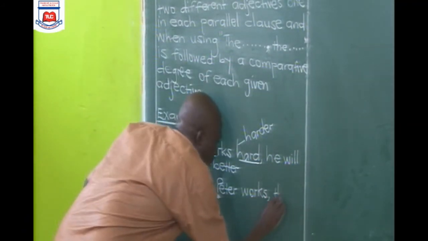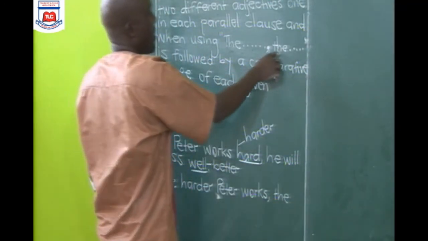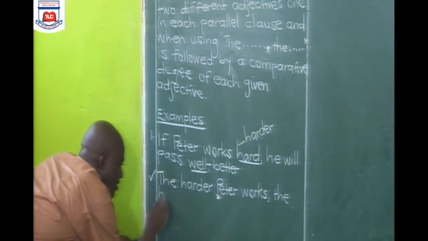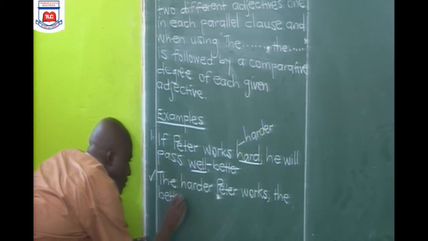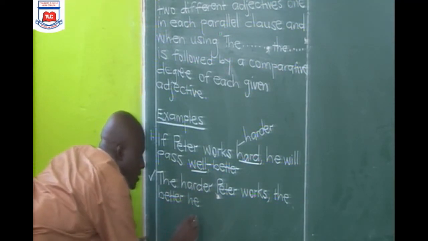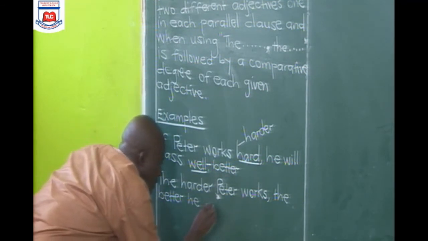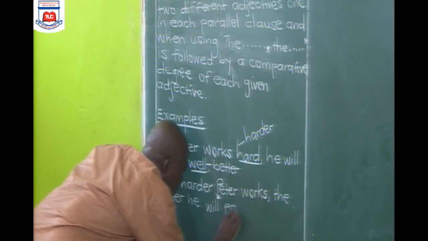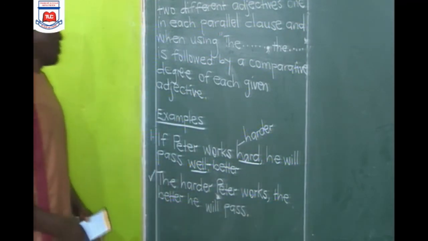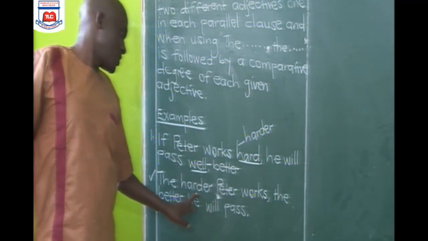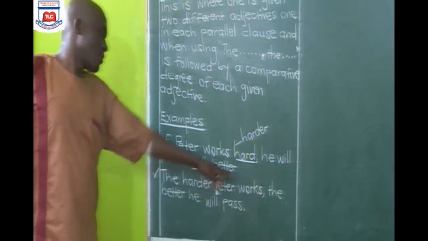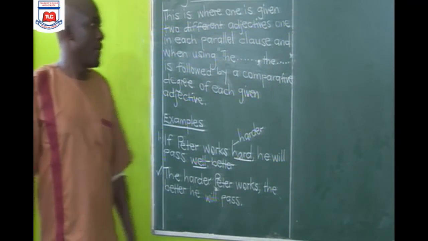We have the second the here. The next is a comparative degree, which is better. The better, then a pronoun, he will. The better he will pass. The harder Peter works, the better he will pass.